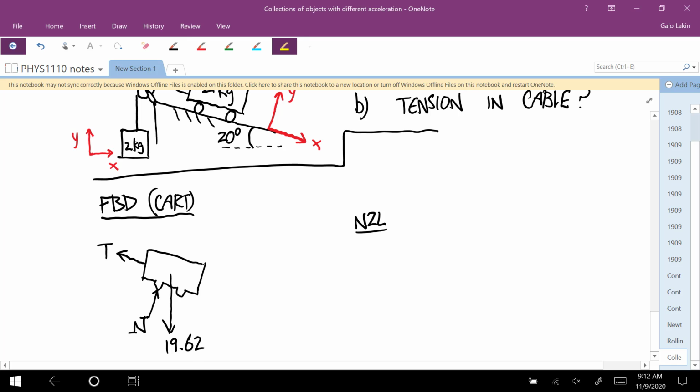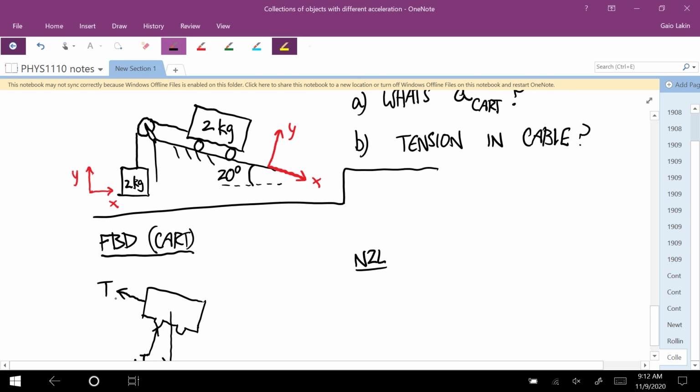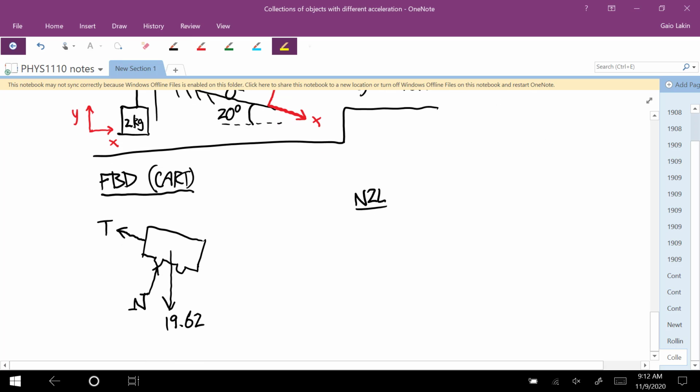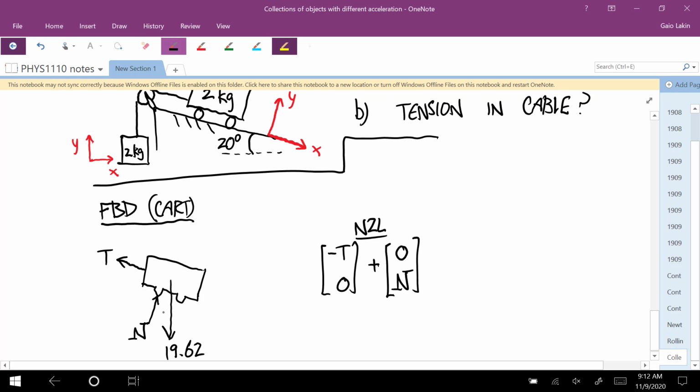Notice, compared to this rotated coordinate system, that pulling force is in the negative x direction, so negative T, 0. The normal force, like it always is, is 0, positive N. The weight force is 20 degrees past 270 if you start at the positive x-axis and go to the weight force as if it was a vector problem from the vector assignments.